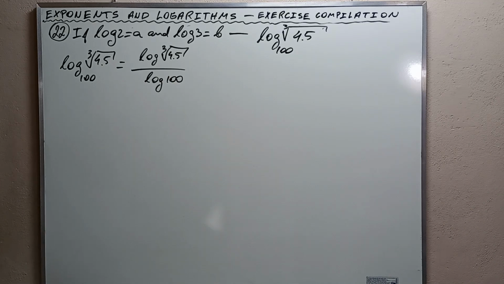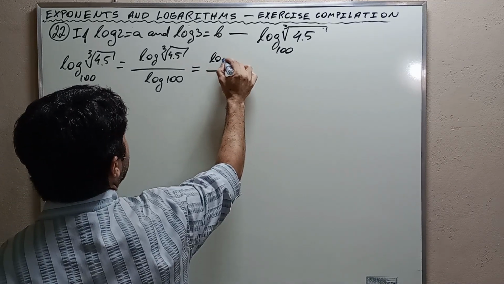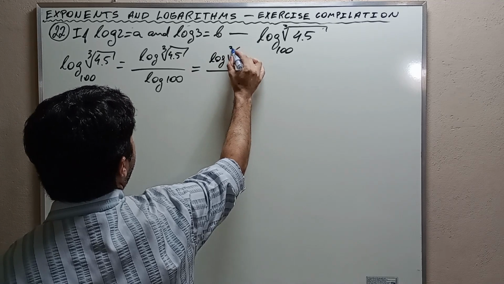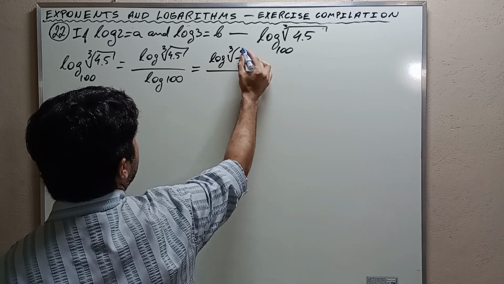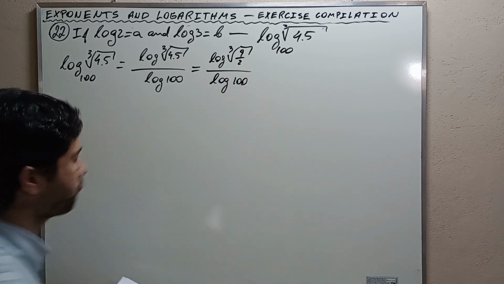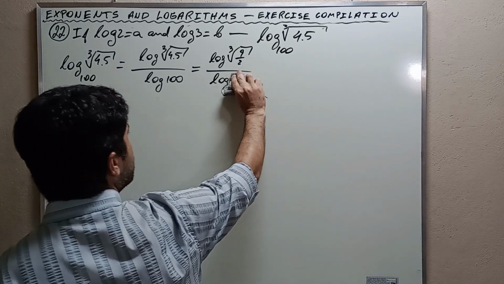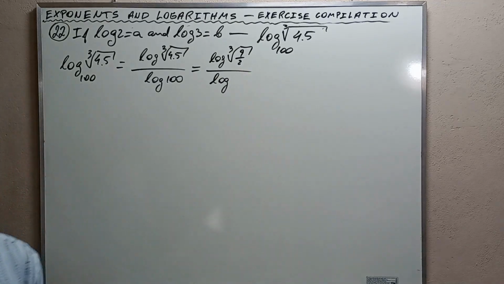Alright, 4.5 is equal to 9 divided by 2. We are going to use this, that it is the logarithm of the cube root of 9 divided by 2, divided by the logarithm of 100. But 100 is 10 squared. We can use 10 squared here rather than 100.